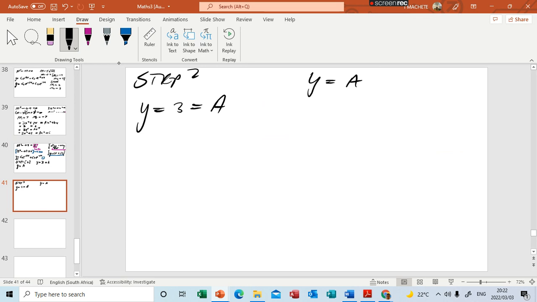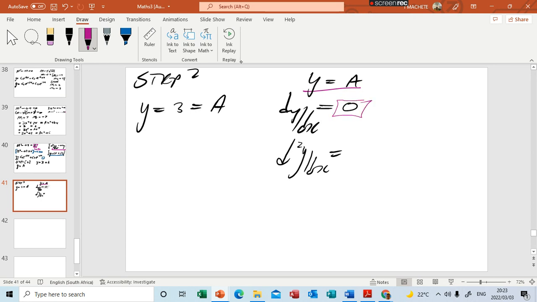After doing this, you're gonna have to find the first derivative and the second derivative of that a. So dy over dx equals, what is the derivative of a constant? The derivative of a constant is zero. And then again, you find the second derivative, which is the derivative of your first derivative.